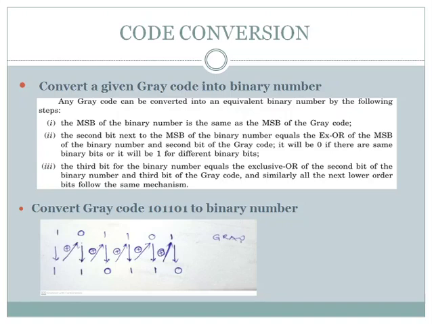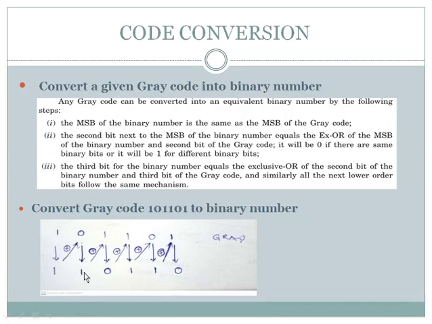Here we look in detail at how to obtain a binary number for a given Gray code. You can see that at the top we have written the Gray code bits 101101, and at the bottom we'll start obtaining the bits for the binary number. We'll start with the MSB, and the MSB of binary is the same as the MSB of the Gray code.